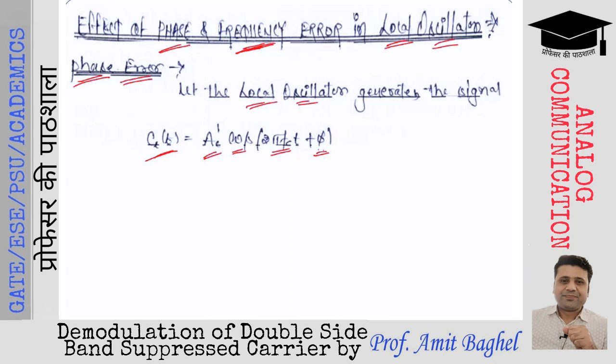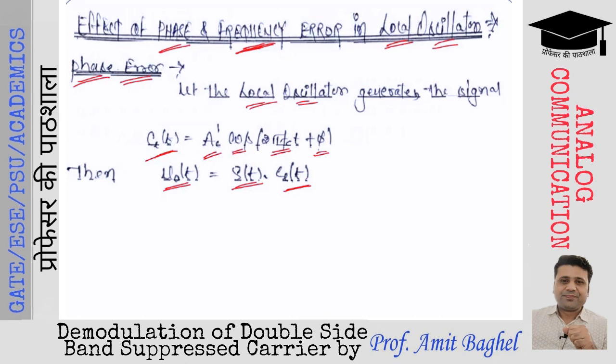So there is a phase error of phi generated at the receiver side, in the local oscillator. So when the local oscillator generates this type of carrier, what will happen to V naught t? The output voltage will be the multiplication of the modulated waveform with the carrier signal generated at the local oscillator. So s of t multiplied with c of lt will be the output voltage V naught.